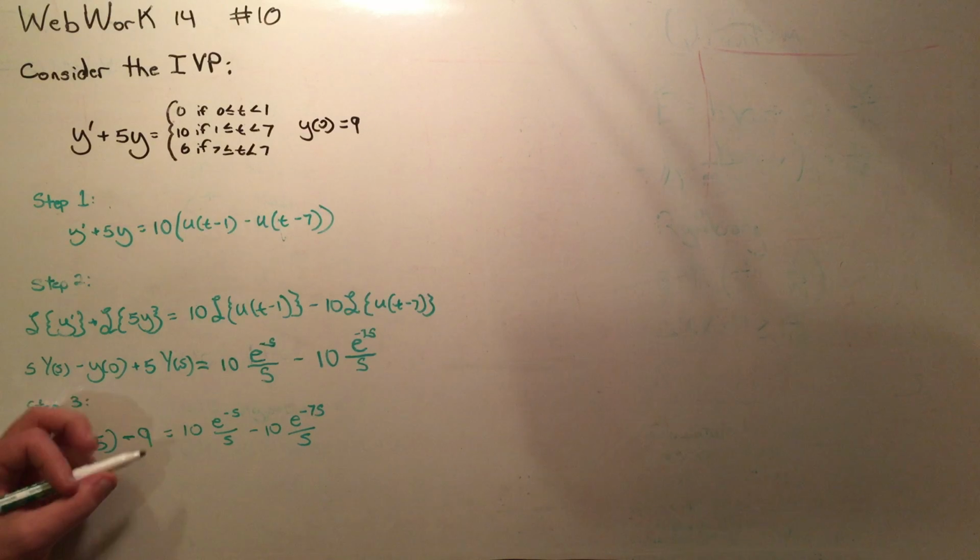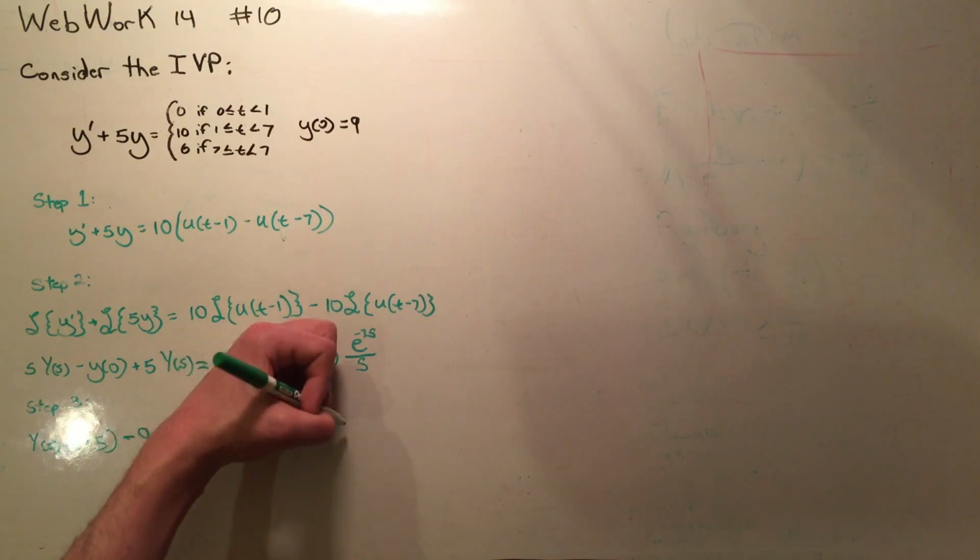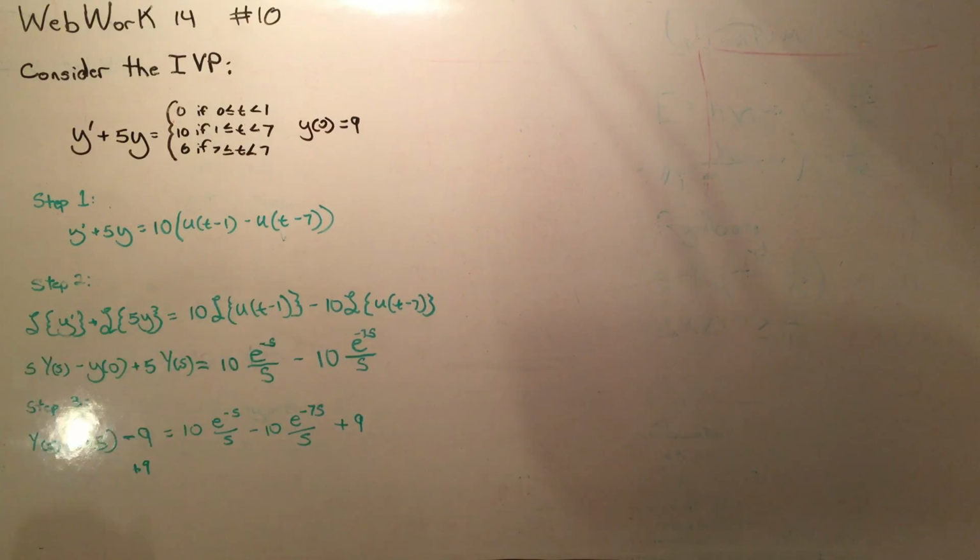So I'll go ahead and add 9 to both sides, and we're going to divide both sides by s plus 5.